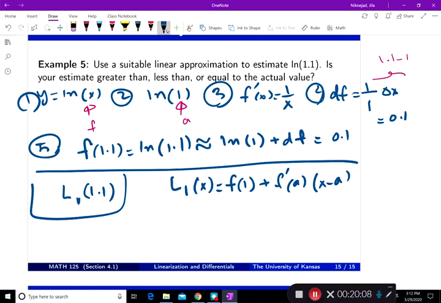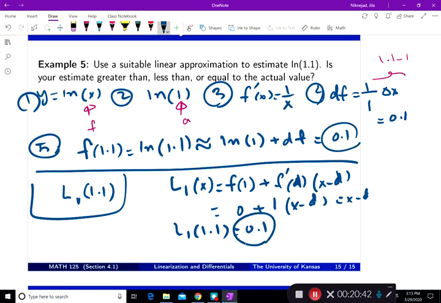A is 1, f of 1 is 0, f prime of 1 is 1, x minus 1, x is 1.1. So L1 of 1.1 is going to be 0.1. And that's the approximation, and these two values match.